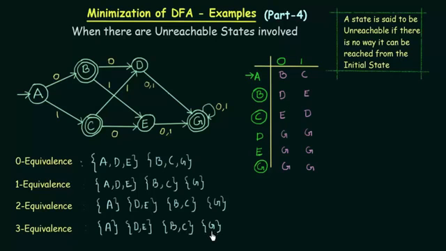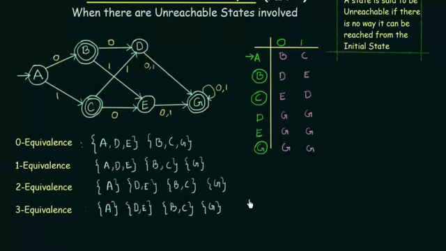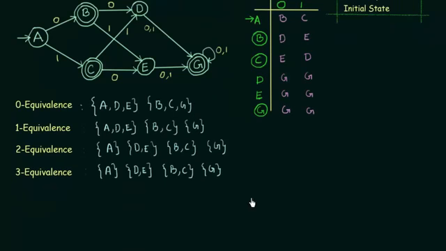So if you observe carefully, you can find that the rows of two equivalents and three equivalents yield the same result. So since they are the same, it's time to stop the procedure, and these are the states that I have to make in my minimized DFA.